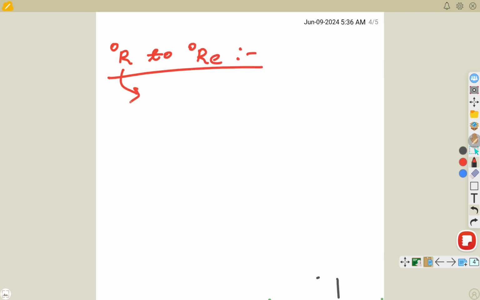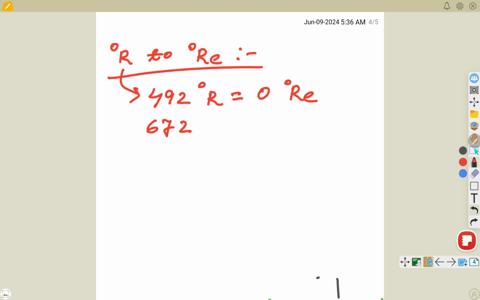Similarly, let's study another important conversion, Rankine scale to Reaumur scale. Here the lower limit is 492, which is equal to 0 in Reaumur scale.